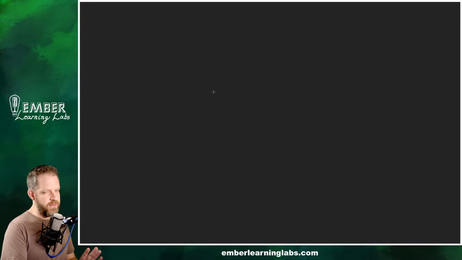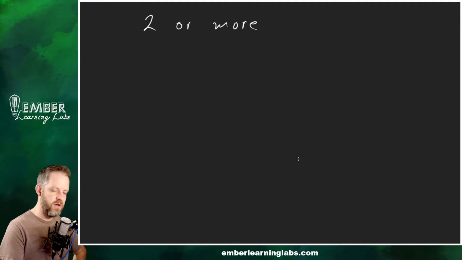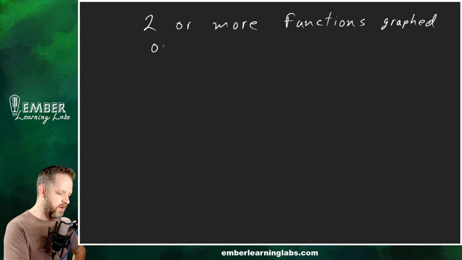So, simply put, and this is an oversimplification, but it is good enough for what we're doing. A system of equations is two or more functions. In this case, we're talking specifically for this entire unit about linear functions graphed on the same graph.